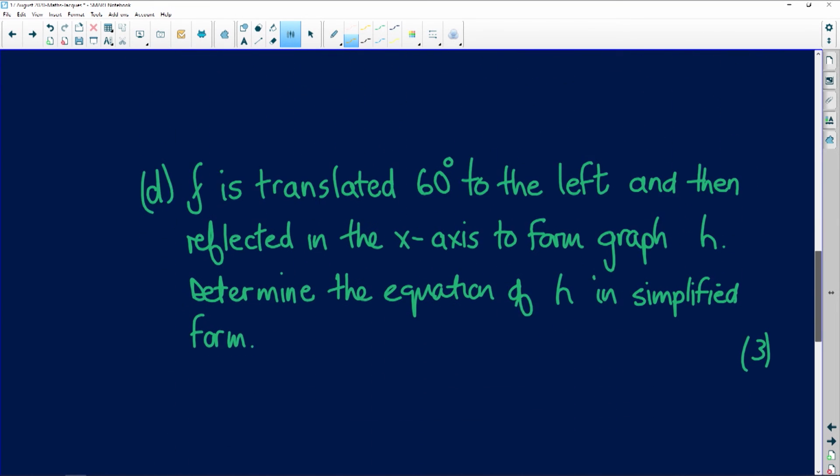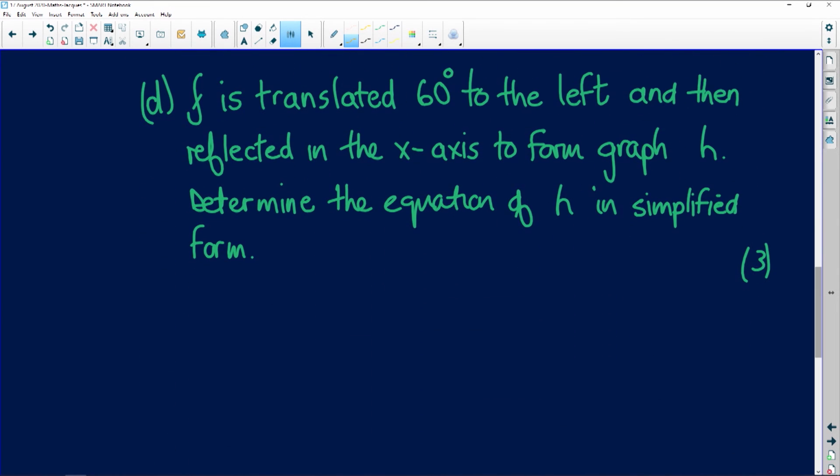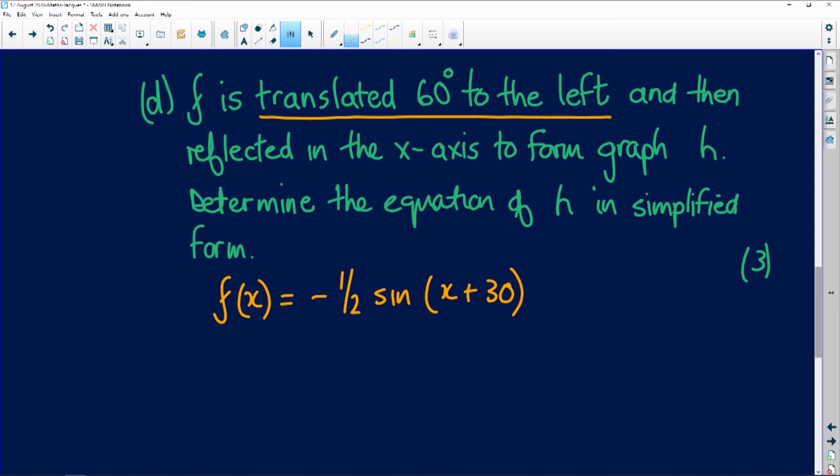Okay, now this is a lovely question. This is a transformation of the original graph. Now remember, the original graph was f of x, which was minus a half sine of x plus 30. Let me just make sure. Yeah, there we go. So now it says it's translated 60 degrees to the left.